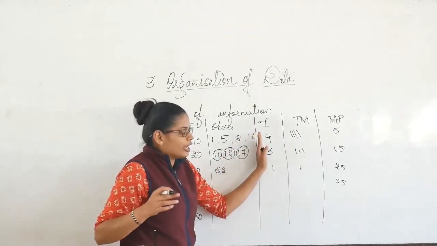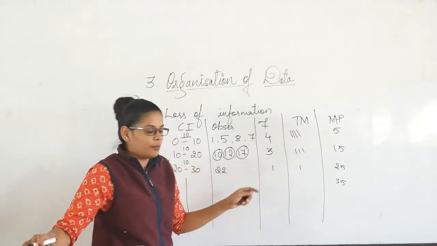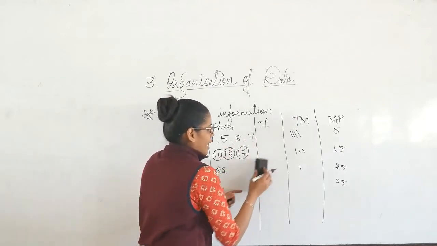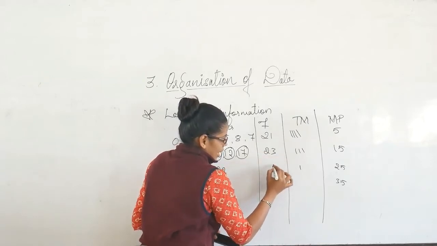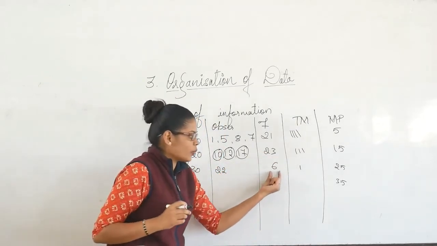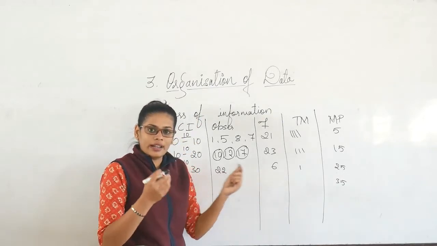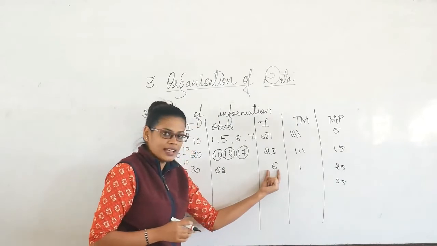But if the frequency numbers, instead of 4, 3 and 1, we have 21, 23 and 6, let's say. So 6 is quite easy, and also there is a very small amount of data collated in this range.